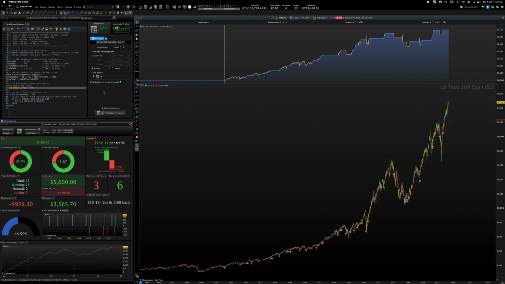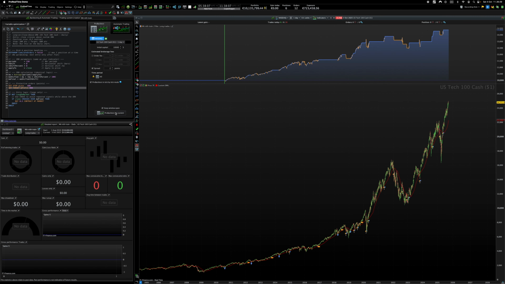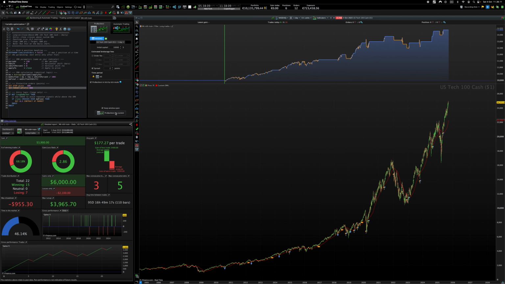Not a great change. Okay, let's do 800 points. Still have a lot of win percentage here. Losers and drawdown still looks alright.